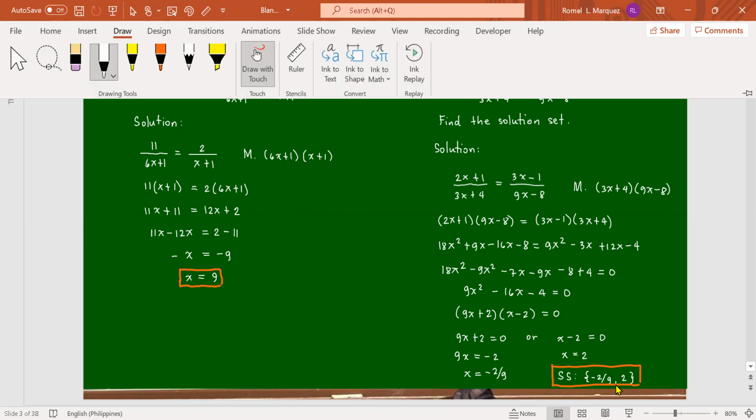For number 6, we have a problem about inequality.